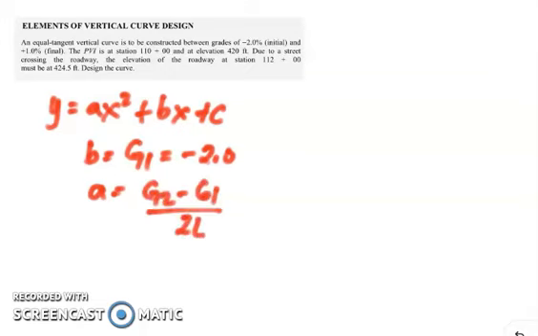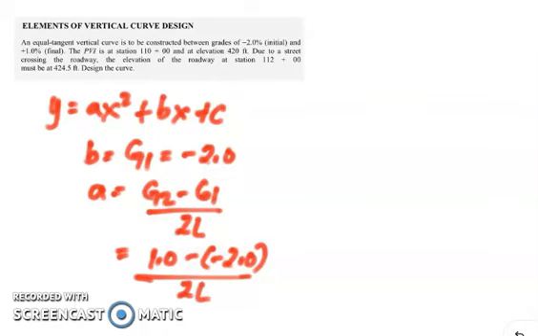So if we substitute the values, this will be g sub 2, which is 1.0, minus negative 2.0, all over 2 times L. If we simplify, this will give us 1.5 all over L. So we have now identified our values for A and B.